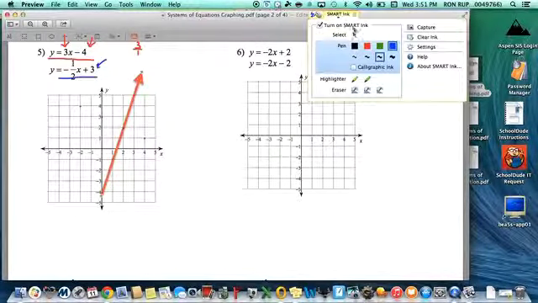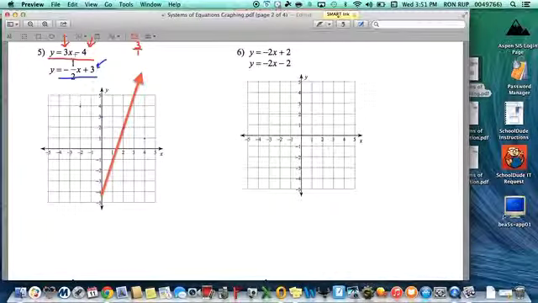And what we get when we connect those dots is that these lines cross right here. That is the point 2, 2. So x equals 2 and y equals 2.